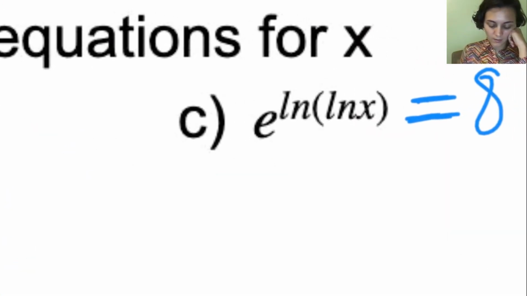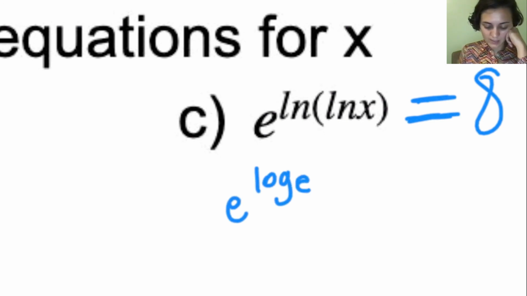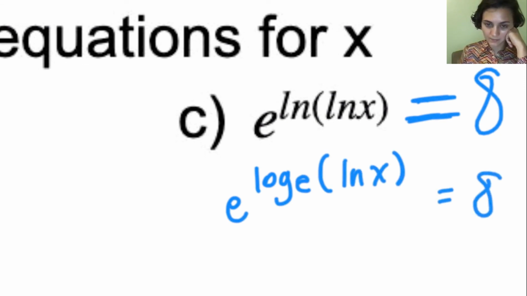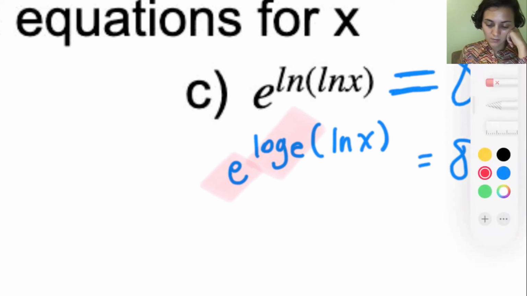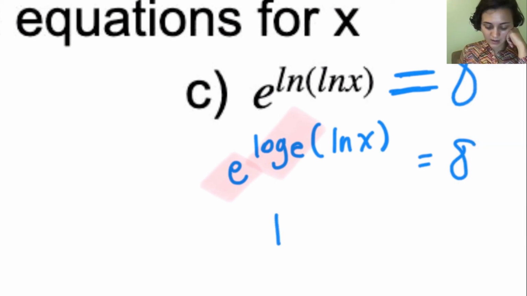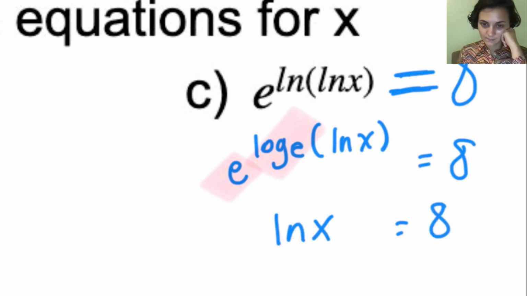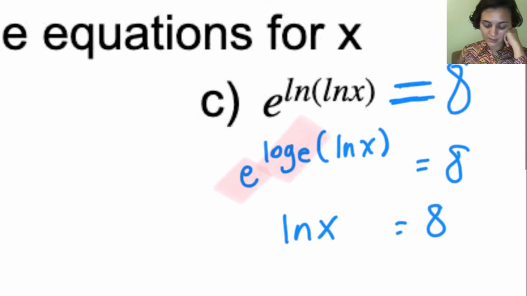So, if you need help seeing how I can cancel out, I'm going to turn this into a log base e of ln of x equals 8. Like that. And so then my e with the log base e cancel each other out, but I'm still left with this ln of x equals 8. Okay, so I have ln of x equals 8.